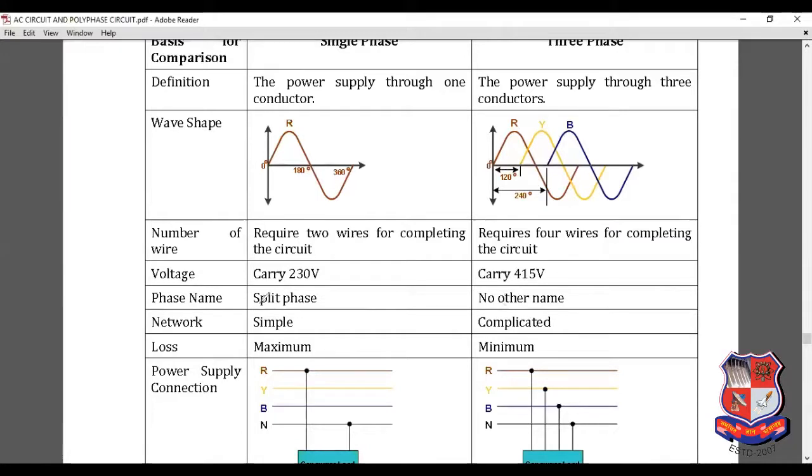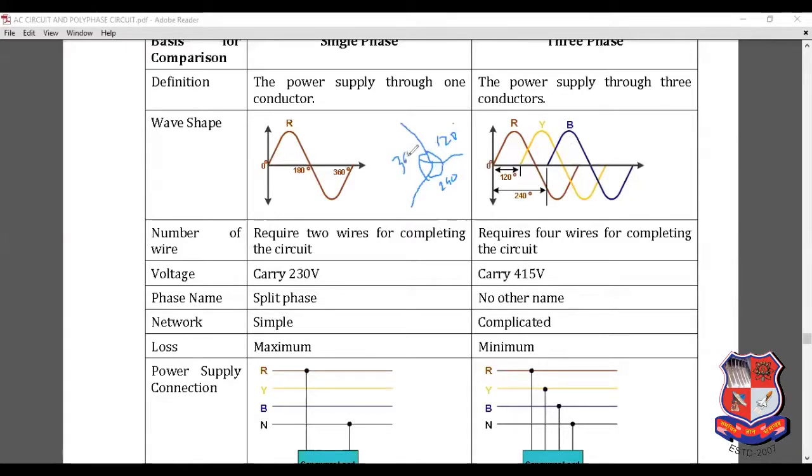It means the connection of these three coils is like this. So this angle is 120 degrees. Again, this is nothing but 240. And this is the total angle, it is 360.